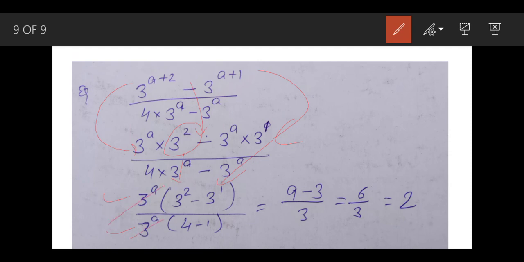Cancel out 3 to the power a. We will get 3 to the power 2 means 9 minus 3 upon 4 minus 1 means 3. 9 minus 3 is 6 upon 3. On cancelling, we will get 2.